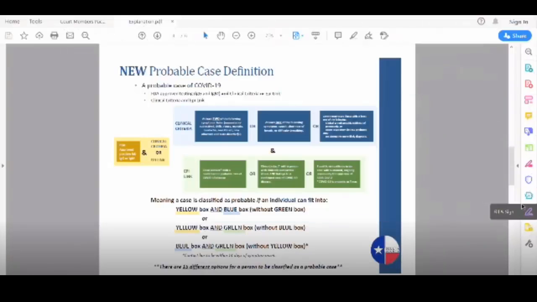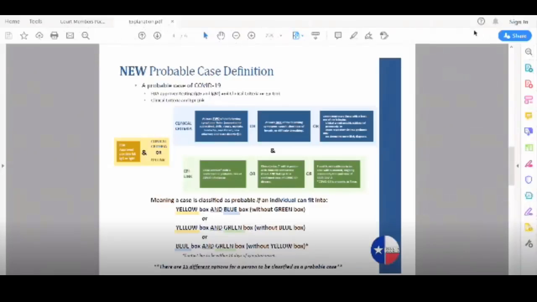But for the blue and green, if you had contact, that has to be within 14 days. So let's say activity slows down and we're not considered endemic, then we need that 14-day. But right now, that 14-day doesn't matter. Moving forward, it may, when activity slows down.